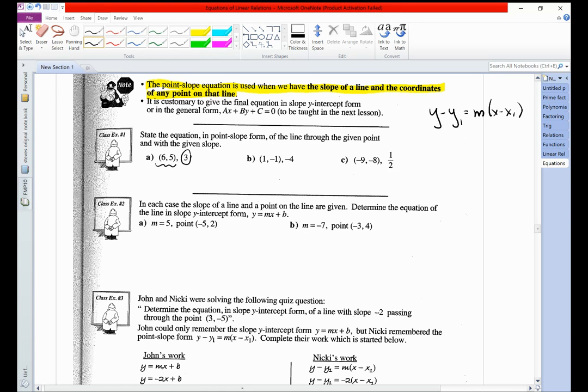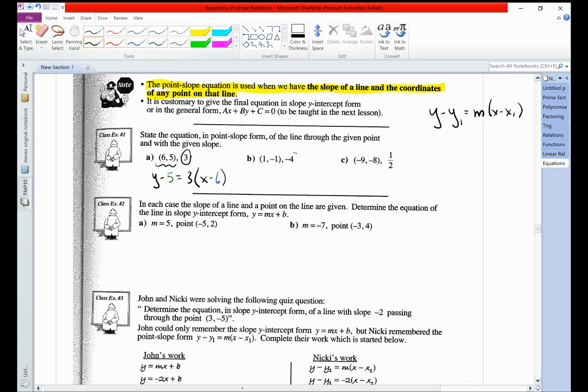So we can say y minus 5, because that's our y coordinate, is equal to, our slope is 3, times x minus, and our x coordinate is 6. And that's the equation. Things get weird with negatives, but that's okay.